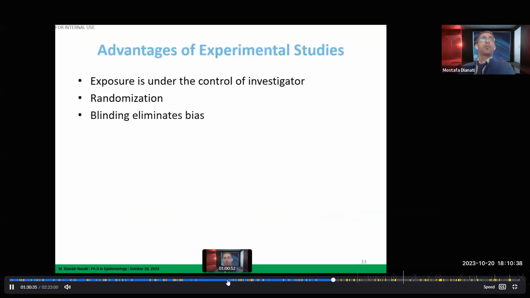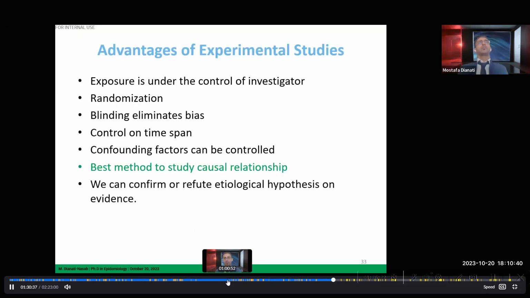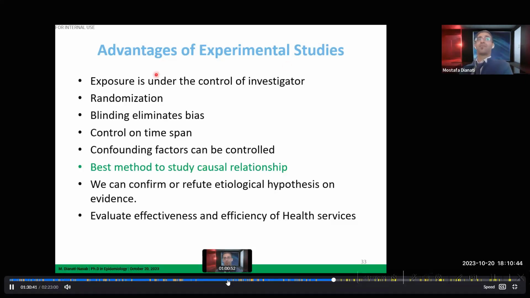Okay, here are some advantages of experimental studies. For sure, exposure is under your control. Then randomization can really reduce bias, mainly selection bias. Then you have control over the participants, and then confounding factors can be controlled.